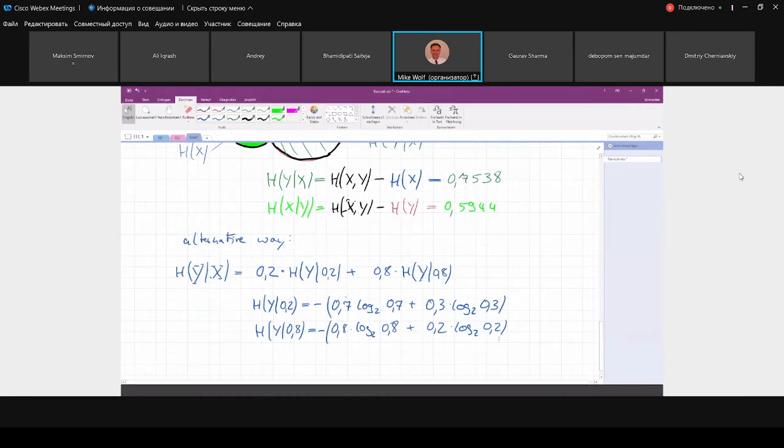This needs to be, again, 0.72, because we had the same numbers before for this H of X. There were the same probabilities, 0.7, 0.3. And then if you weight these two probabilities, you end up with this value.